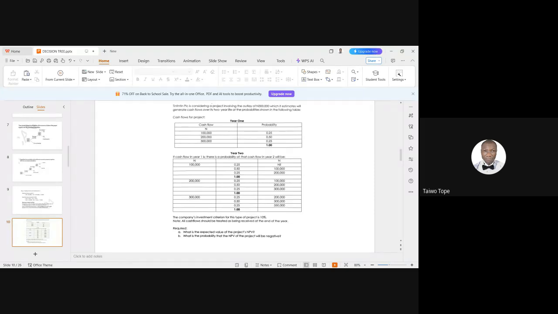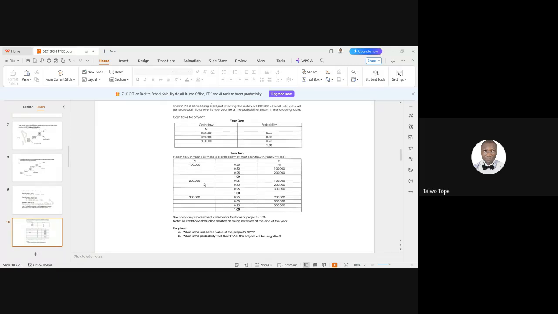The question reads that Tintinin PLC is considering a project involving the outlay of 300,000 naira. Now, what does this outlay mean?